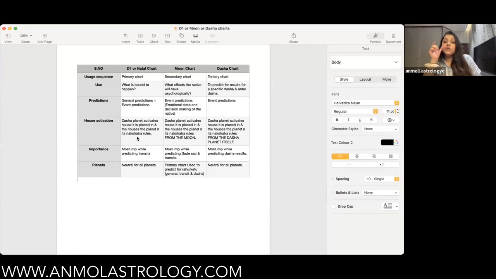So now the weightage of this particular prediction is going to be a lot more. Why? Because we are funneling down the predictions. When we are talking about a particular dasha, that's something which is definitely going to happen. The D1 predictions are scattered over all of your life, but what is going to happen in the present and in the possible future is the dasha and antardasha.